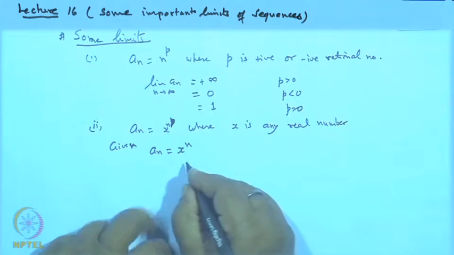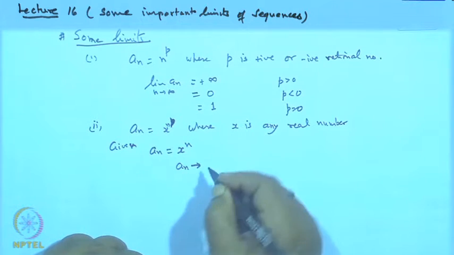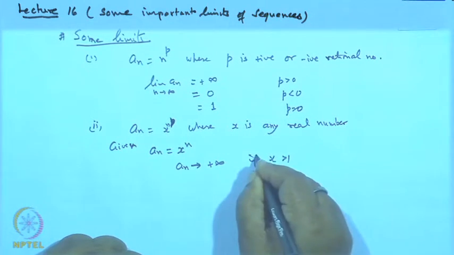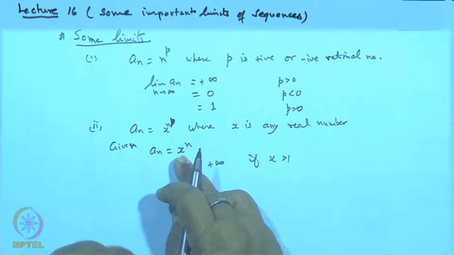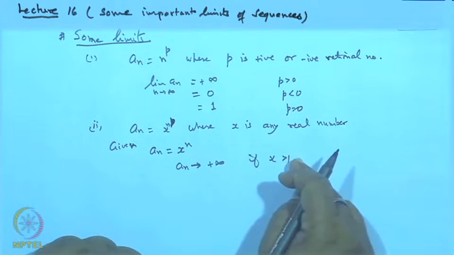Now, this will go to plus infinity if x is greater than 1, because each term of the sequence is greater than 1, and in fact, it keeps on increasing. So, it increases to infinity.